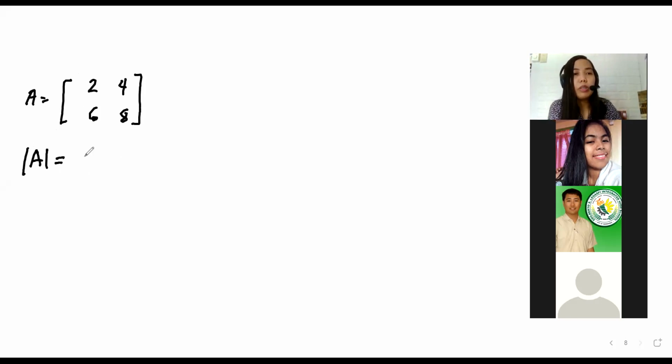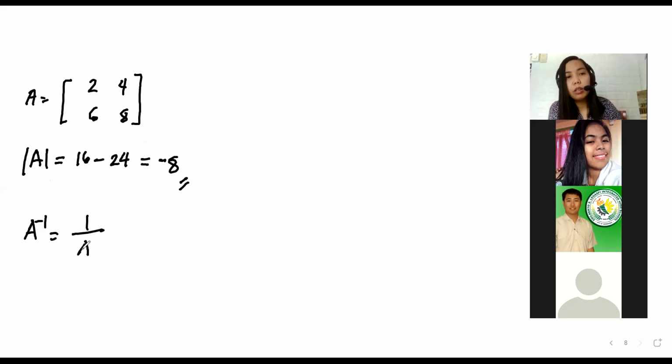Determinant of A: 2 times 8 is 16, minus 6 times 4, which is 24. 16 minus 24 is -8. Since the determinant of A is non-zero, the inverse of A exists. To find the inverse, it's 1 over the determinant of A multiplied by the adjugate of A.